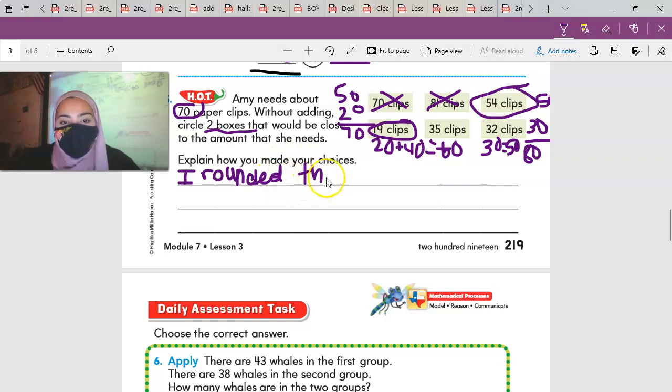What did I add? 50 plus 20 to equal what? 70.